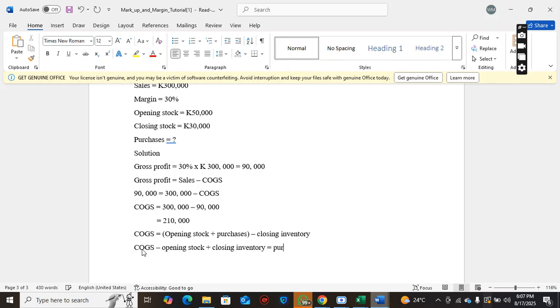We've taken opening stock and closing inventory over the equal sign.